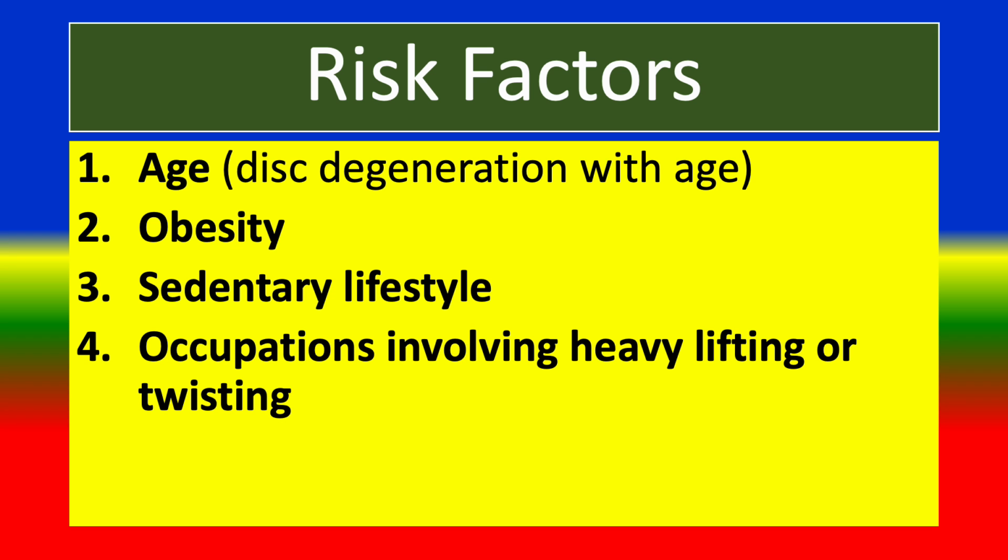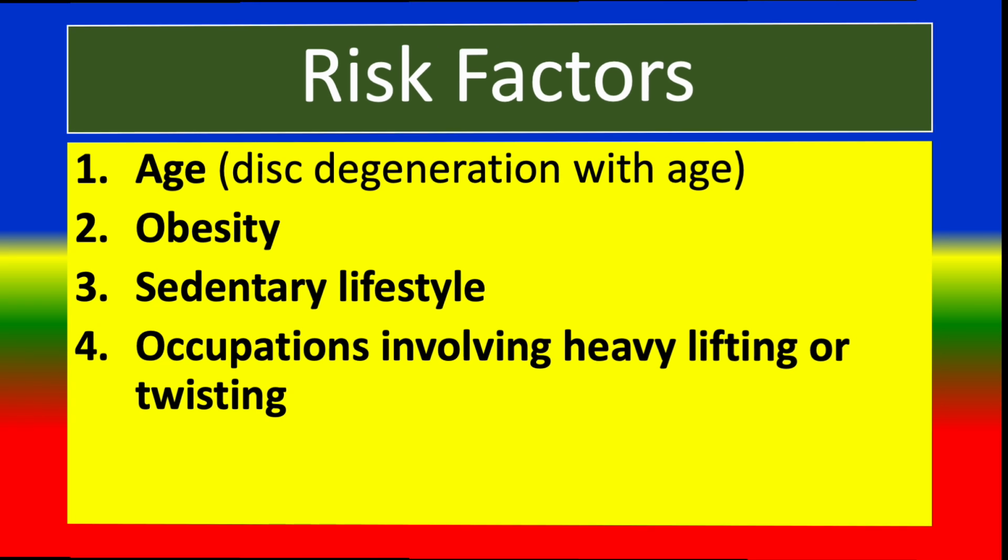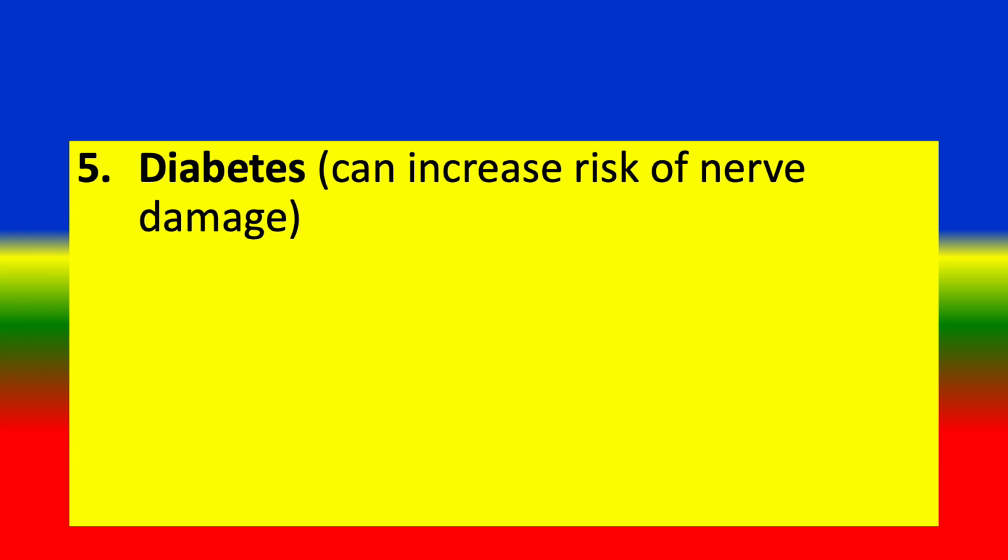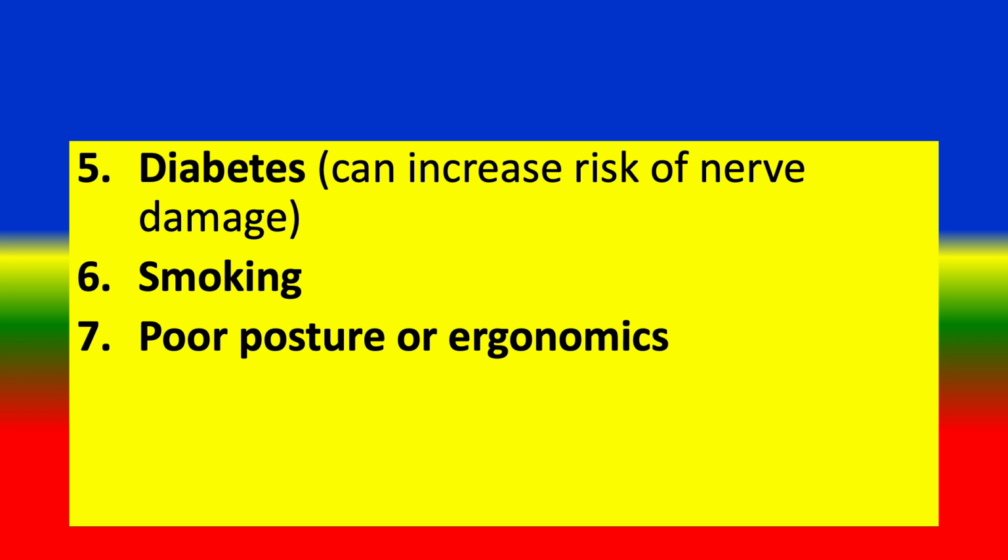Occupations involving heavy lifting or twisting. 5. Diabetes can increase risk of nerve damage. 6. Smoking. 7. Poor posture or ergonomics.